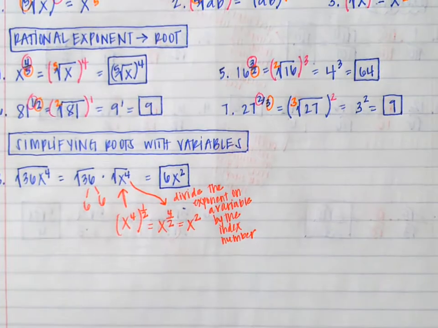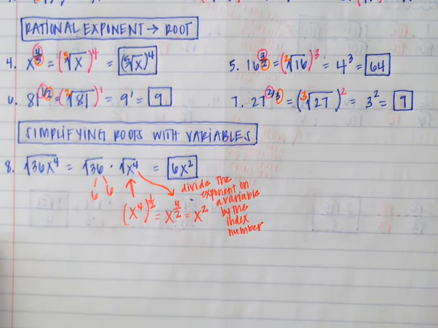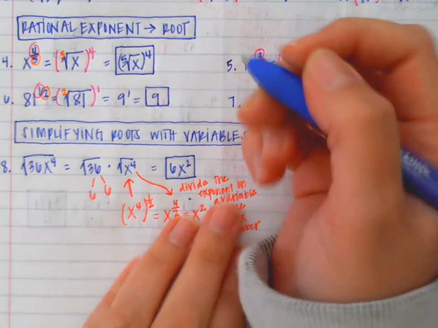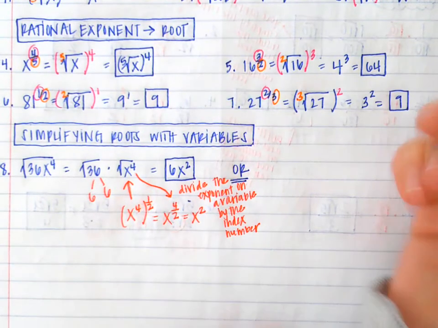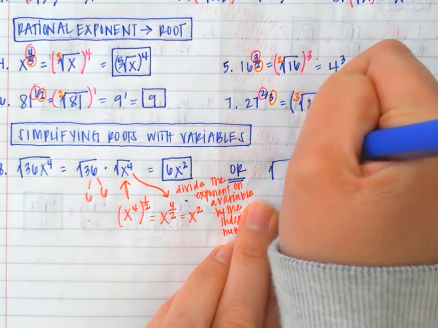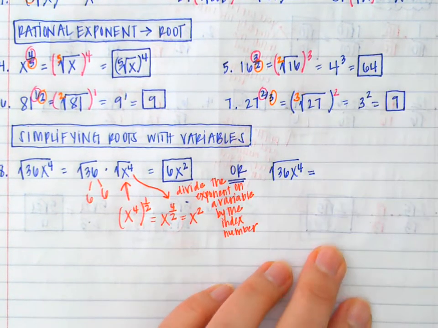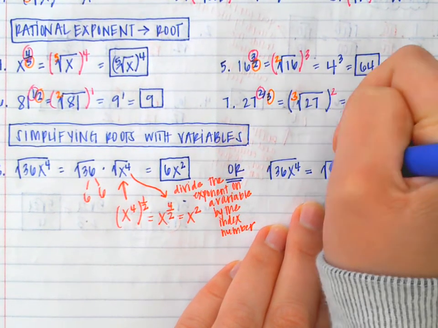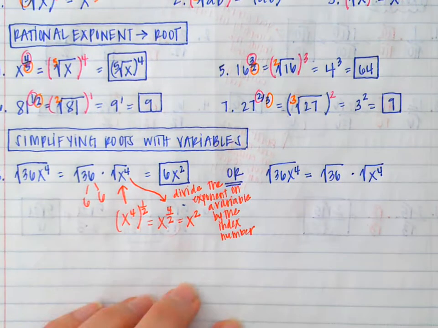But like I said, there's another way to think about it, and it's thinking about it with a factor tree. So I'm going to show you another method. I'm not going to show you the other method with the 36, but I am going to show you with x to the fourth.